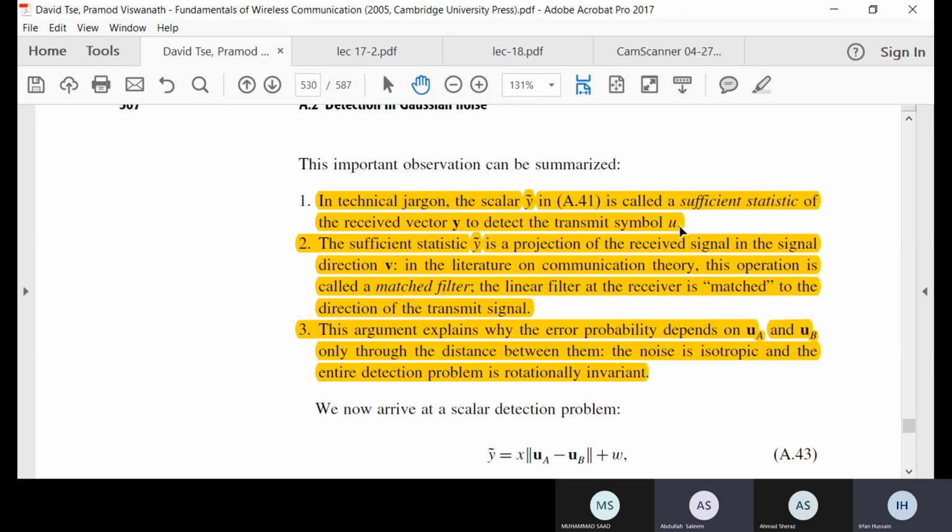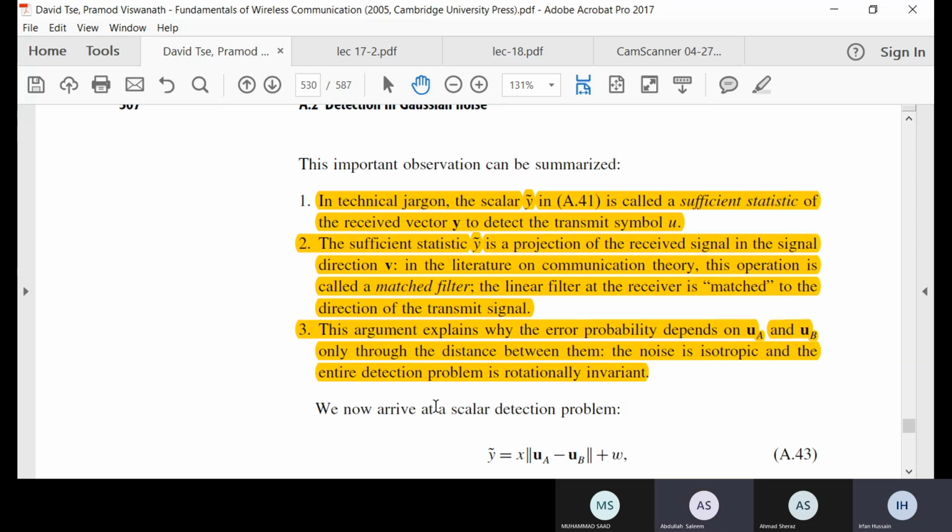Sir, V itself, what does it mean? We are transmitting U and receiving Y, and the channel is H, so what does V represent in the model? V is the unit vector on which you have to project your Y. So it is a straight line, as I've told you, R minus R dash, a straight line connecting UA with UB.